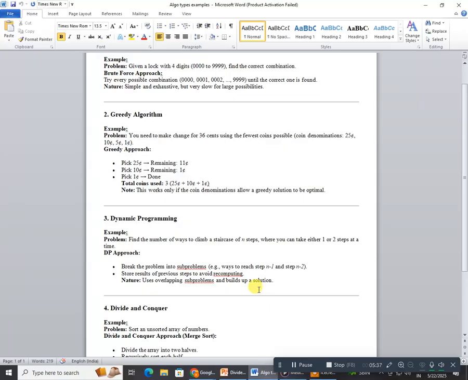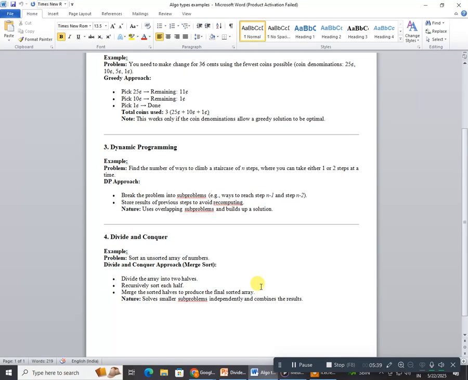Now the fourth one, which is the focus of today's video, is divide and conquer. Divide and conquer means dividing a larger problem into smaller sub-problems and solving them until we arrive at the desired results. Here we are sorting an unsorted array of numbers.